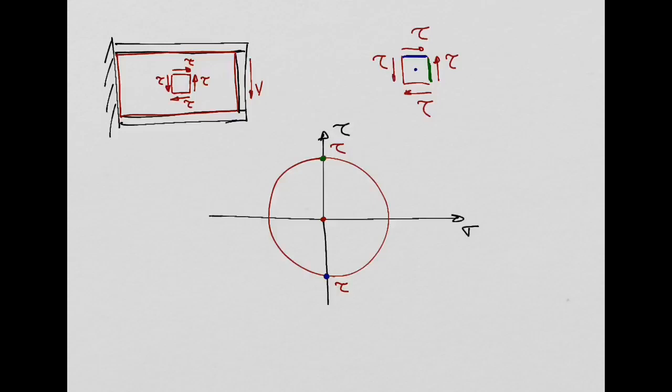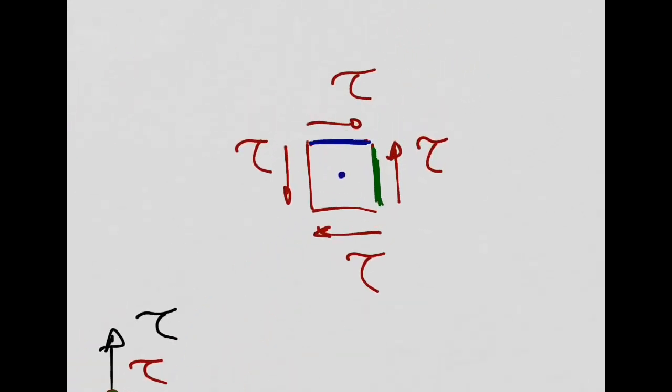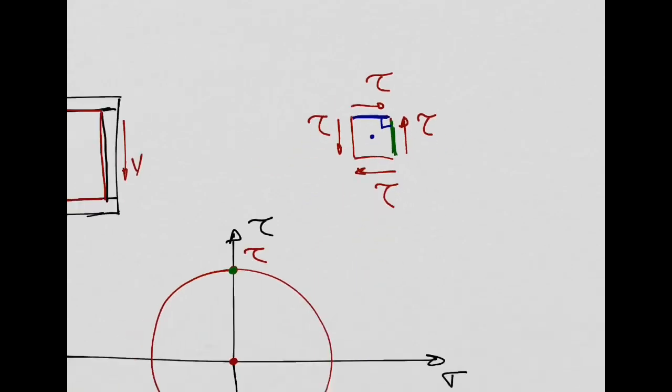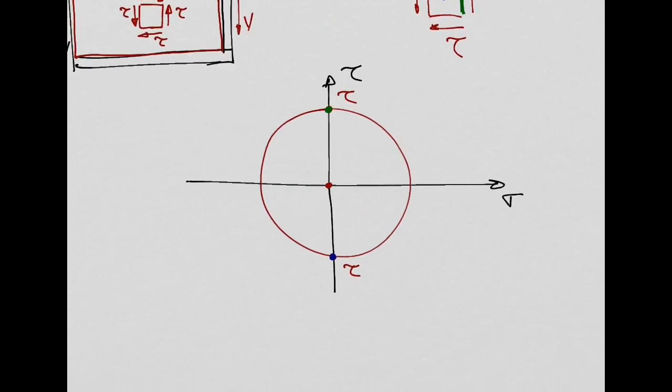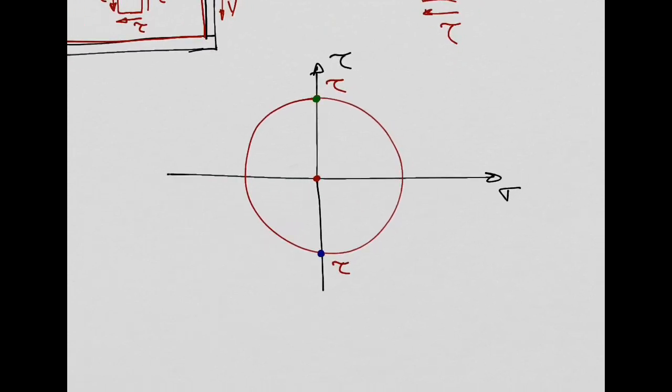So another very important thing in the Mohr circle is that, for example, these 2 planes here in this picture, they are 90 degrees between each other, right? Yeah, they are perpendicular. In the Mohr circle, you always represent 2 times this angle. So where is this angle here? Well, these two shear planes are represented by these 2 points in green and blue.